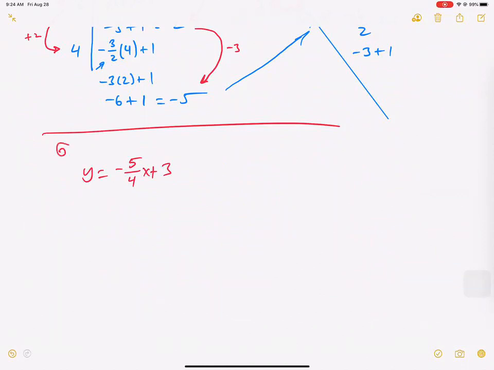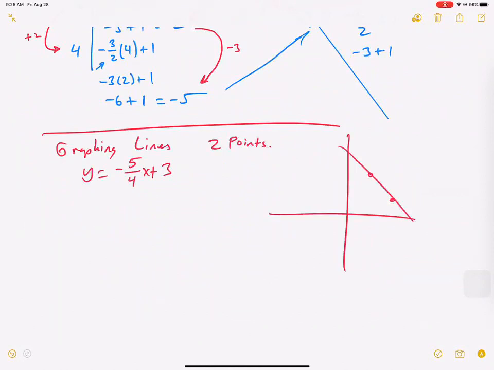When you're graphing lines, you need two characteristics because you need 2 points. A line consists of 2 points. If you don't give me 2 points, you can't draw a line. If you just have 1 point, which way are you going to go? What are you going to do?